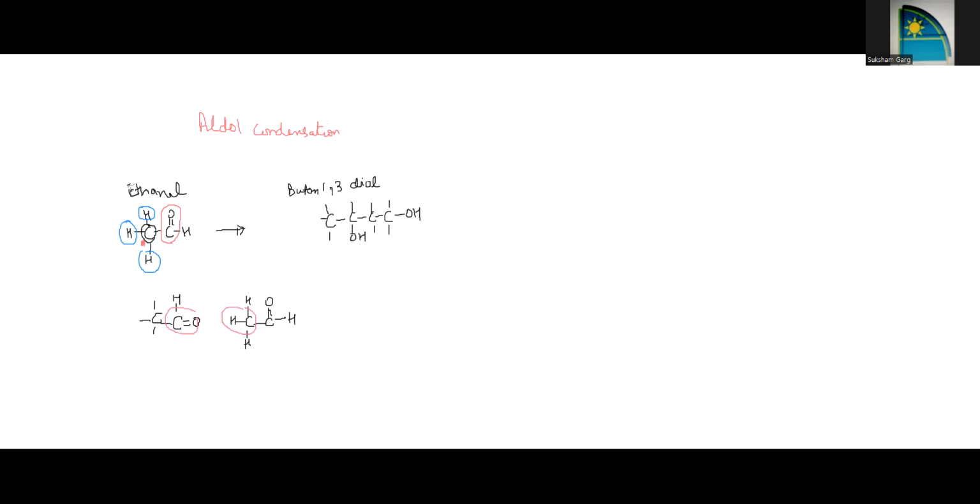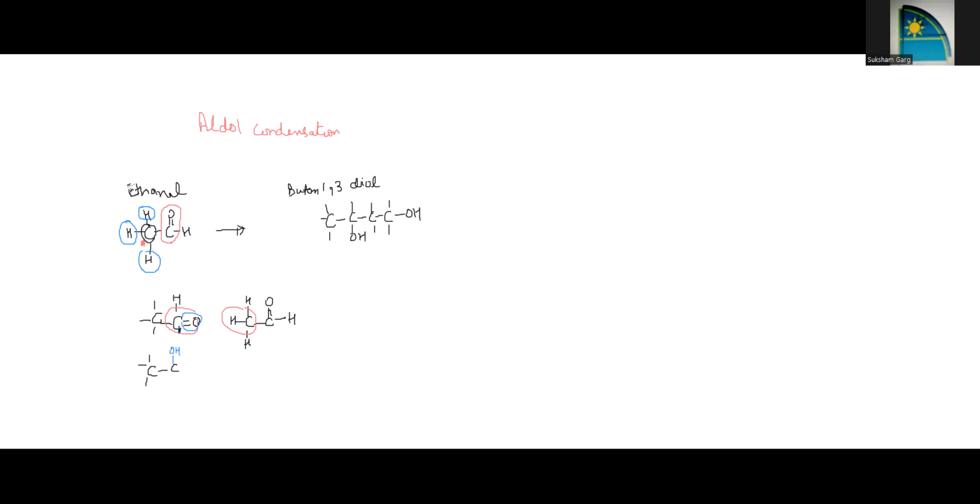Now to write the product, what we are going to do is that this carbon which contain double bond O, this will get converted to OH. Let's see how. Rest of the molecule we will write as such. Now this was the carbon. So we will convert this double bond O into OH.